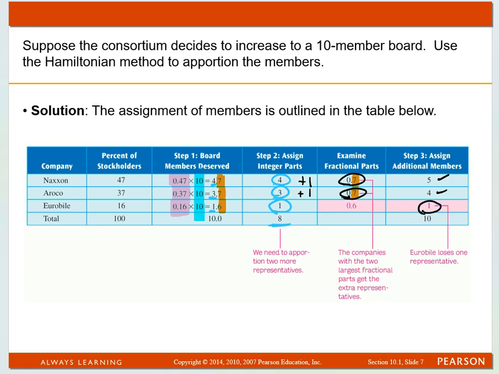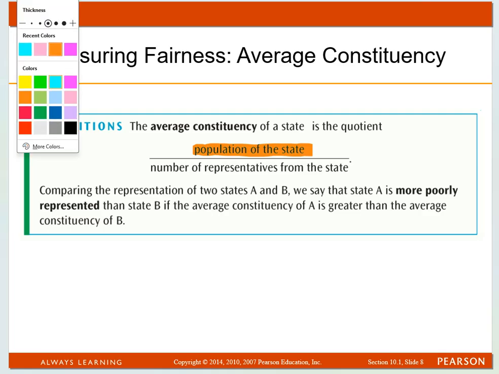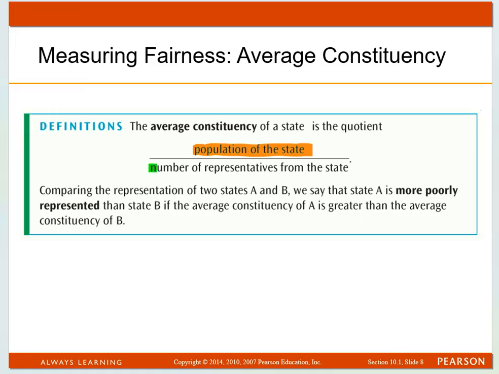All right. And we're going to move on and talk about different ways to measure fairness. The first thing we need to talk about is the average constituency. To calculate the average constituency, you take the population of your state, or your stockholders, or the number of people that work at your office, or the number of students, whatever it is that you're dealing with, and divide that by the number of representatives from the state.